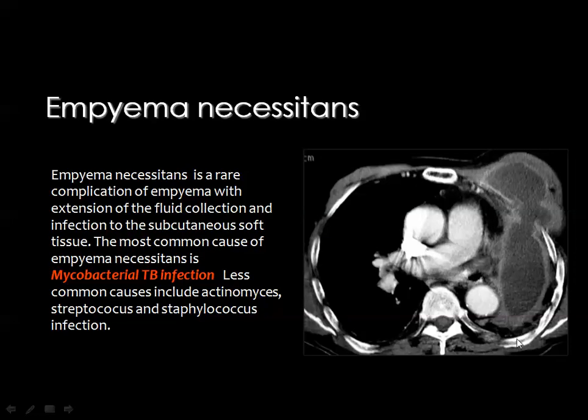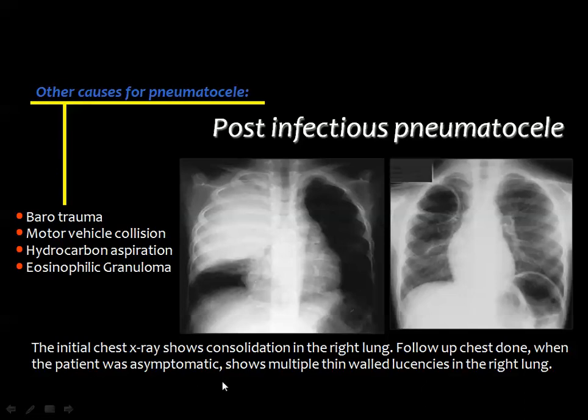And if the empyema has penetrated through the chest wall and extended into the subcutaneous tissues and may also rupture on the skin surface, this is known as empyema necessitans, and this is commonly seen in TB and also commonly seen in adults rather than in pediatric patients.